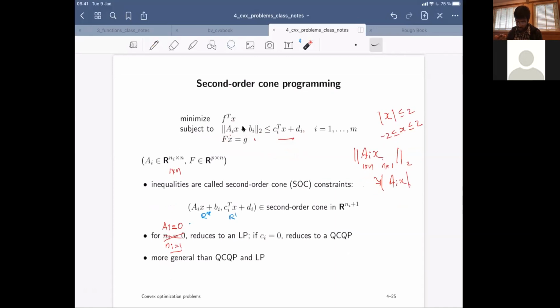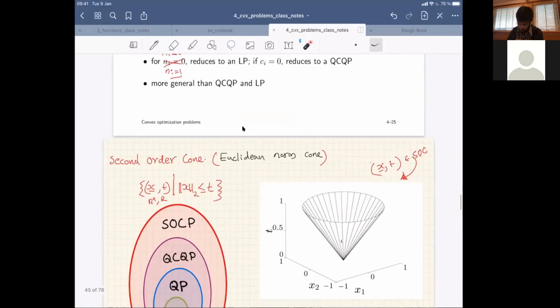But one thing you may ask is for QCQP, you also have a quadratic objective function, but here you have only an affine or linear function. So I just said if c_i equals 0, then this is a QCQP. But what happens if you have something like a quadratic term here also, how can you see that as an SOCP? That's the question, right? There are many ways to do that.